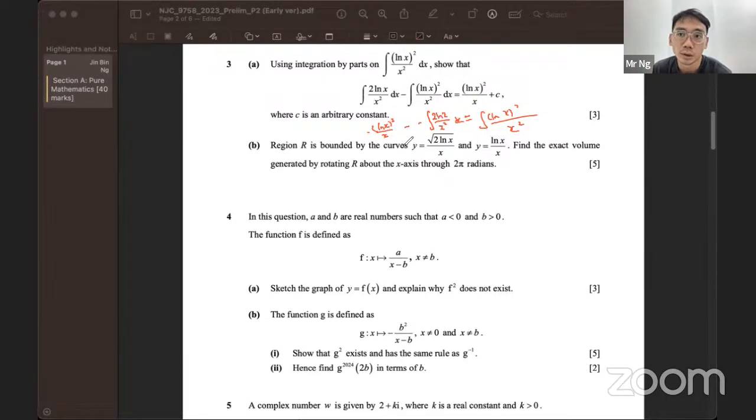Okay, so how to do this? Integrate. So it seems like we're gonna integrate this, then differentiate this thing.